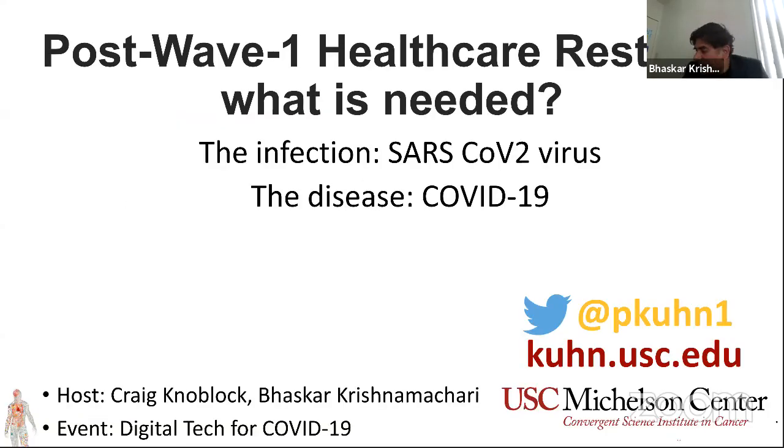He has been the founding director of the Convergent Science Institute in Cancer, and has published more than 200 papers and many patents. He will be giving us some of the biological aspects, but also thinking about restart beyond the present. So Peter, take it away.